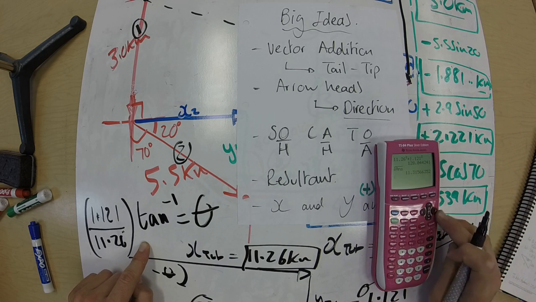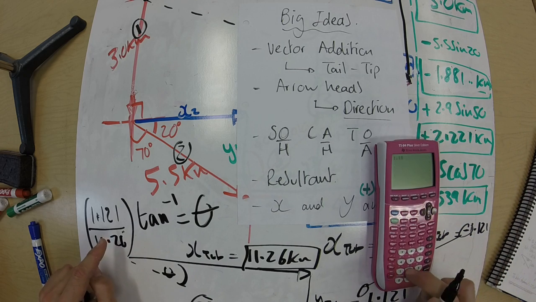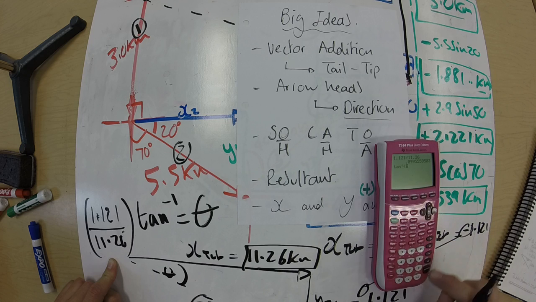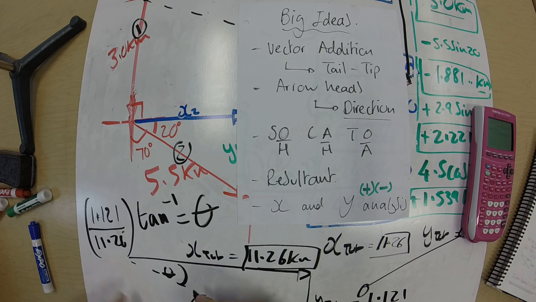Okay, so 1.121 divided by 11.26, and then I'm going to inverse tan the answer: 5.68. Okay, so this angle here is 5.68. Remember, I've got to go to 2 sig digs. Got to be the same, so it's actually 5.7.